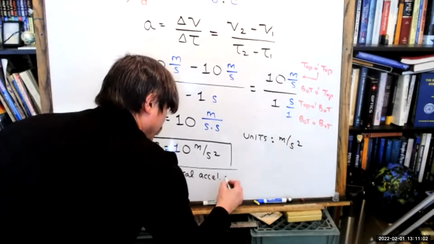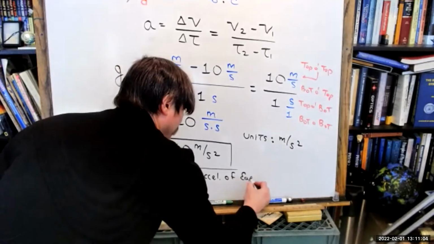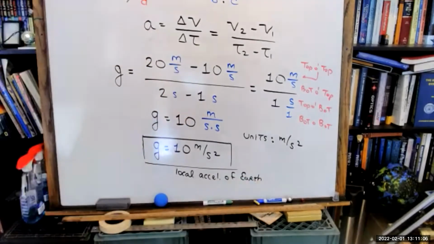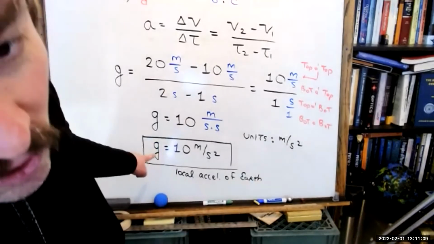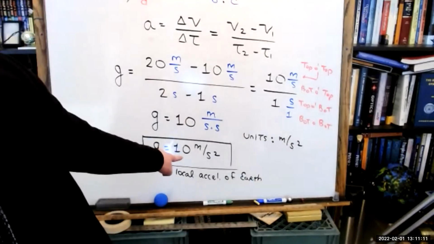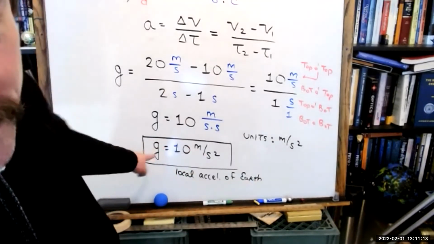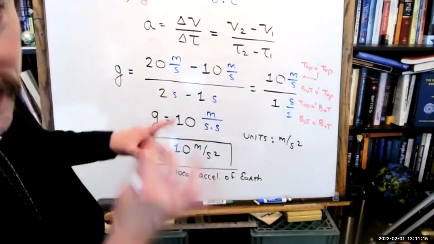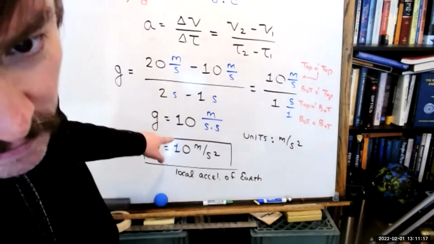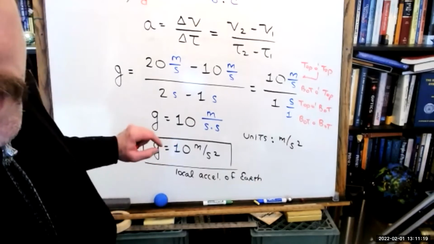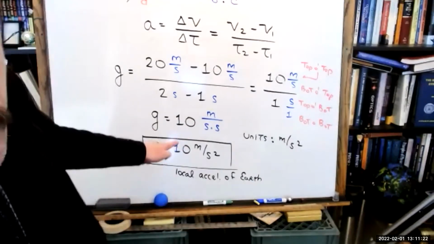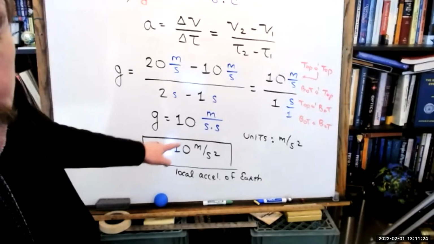And one of the big discoveries that Galileo made is that all objects accelerate to Earth with this value, no matter what the object is, whether it's a dump truck or a pencil or a rocket ship or anything, all objects fall to Earth with this acceleration.